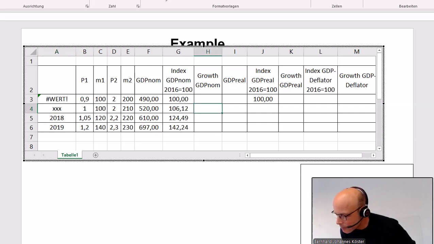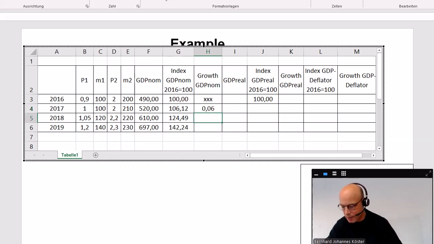Oh, this was the wrong cell here. But you were totally right. In year 2017, it would be 106.12 minus 100 divided by the starting point, divided by 100. And of course, this we can do in our head. It would be 6.12%. So this minus 100 divided by 100.